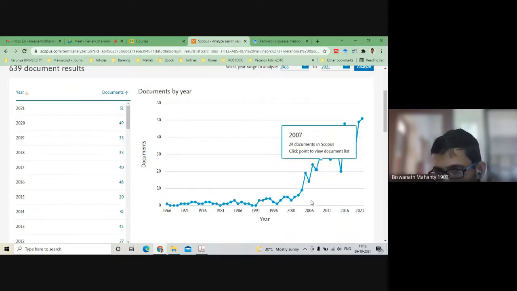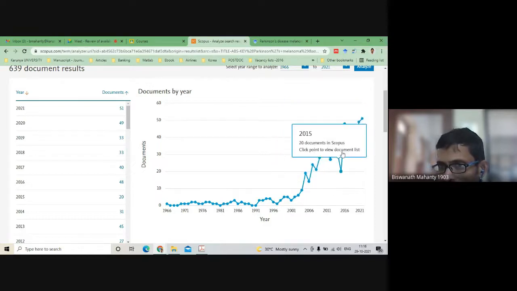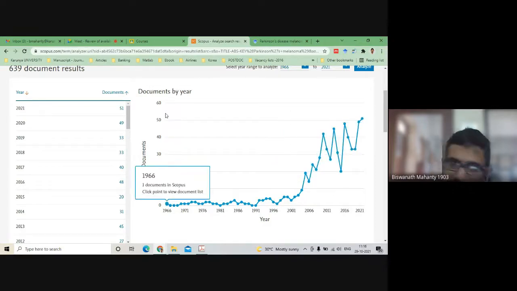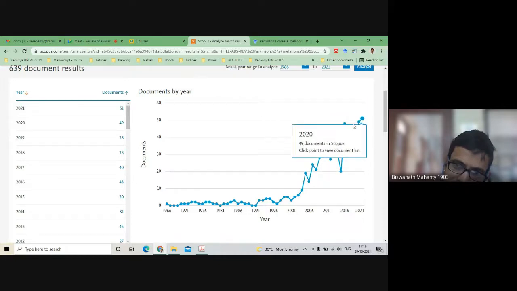What I can understand is that from 2001 the number of papers is generally increasing. You see the graph. So Scopus is also giving you an idea how the topic or area has evolved over time. Yes or no? You got the point? So this graph is giving you some idea how much you should look for and how the domain is progressing.